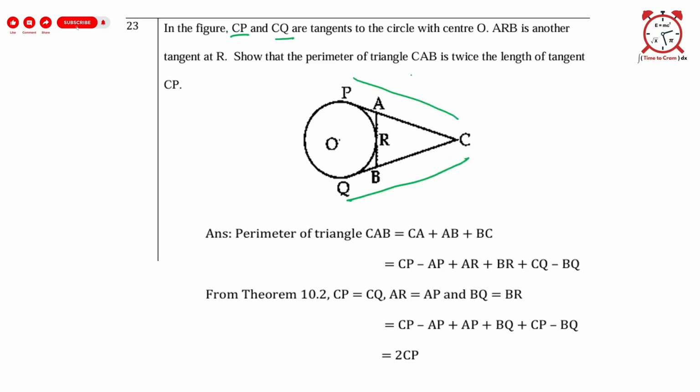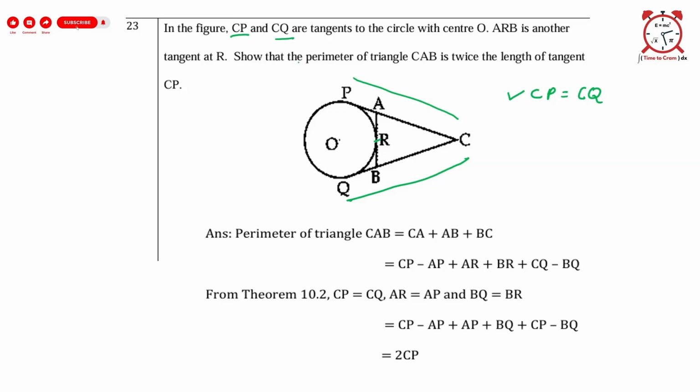These are the two tangents. So immediately we have to recall the theorem: CP equals CQ. This result will help us very much here. They are tangents to the circle with center O. ARB is another tangent, at point of contact R.